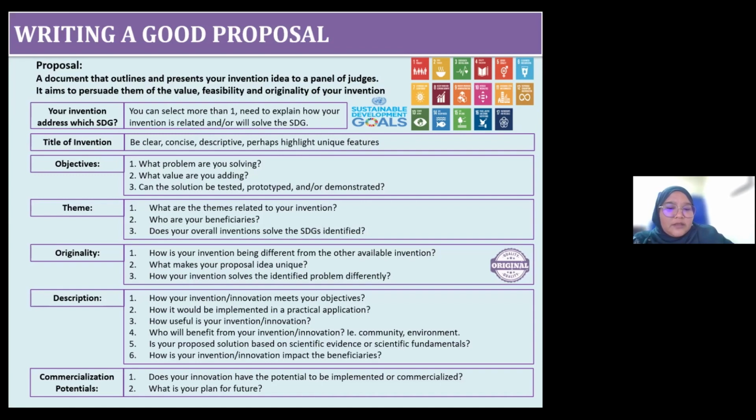Then number 4, following on from that, relates to the benefit from your invention, whether it is just for a community, or just for the environment. Even for a community, for example the public community, you may be able to spell out who your specific target user is.